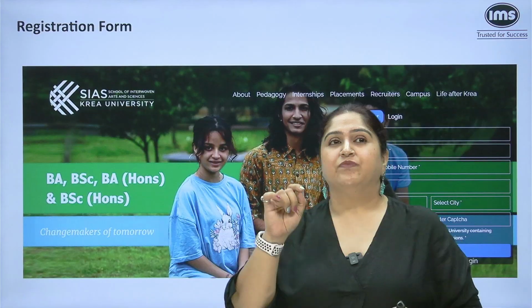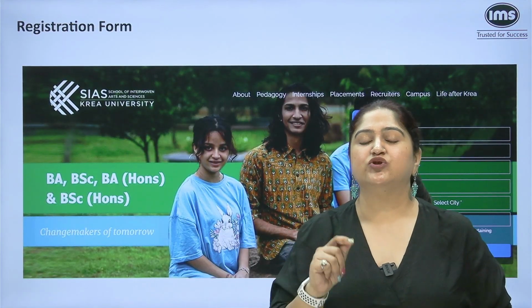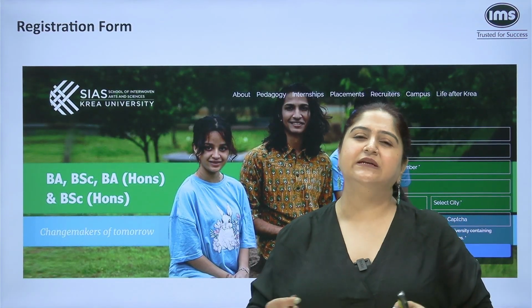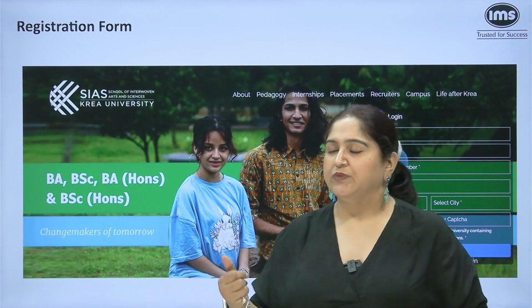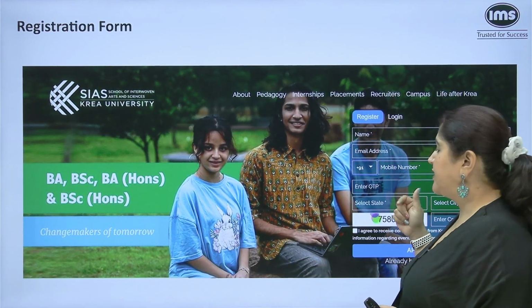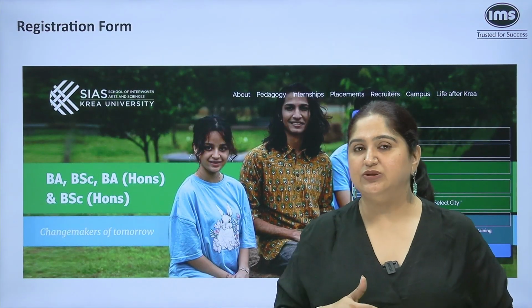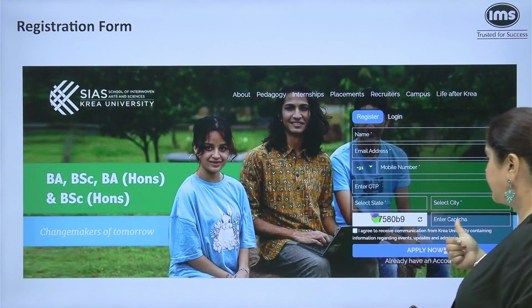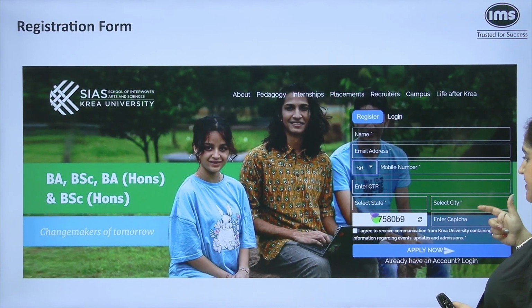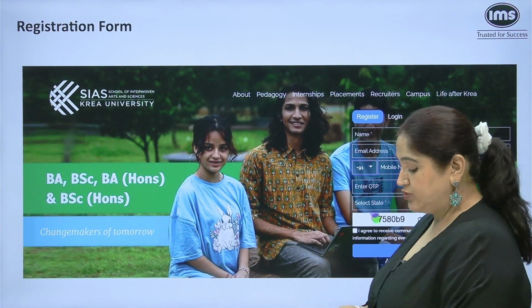Again, ensure the email address is a personal email address and not affiliated to school. Update your mobile number as well. They will verify both. An OTP will be sent to you on your mobile number after entering the captcha and selecting your state and city. When you agree, you get into the login.